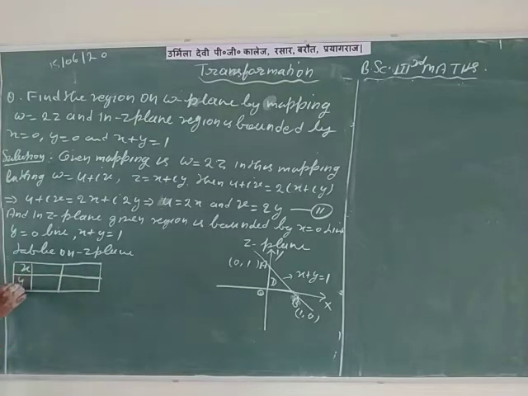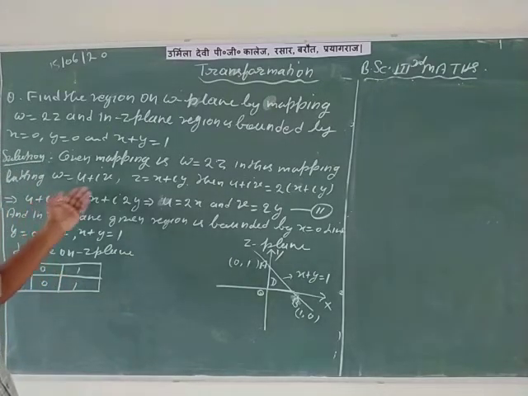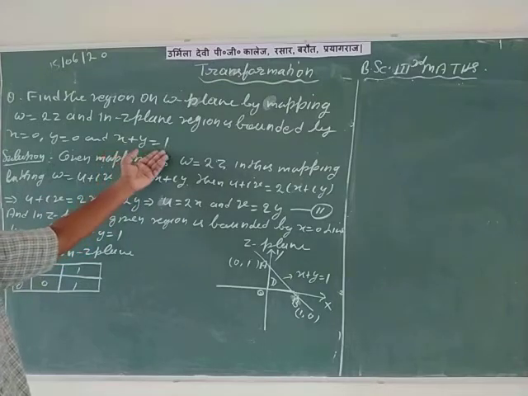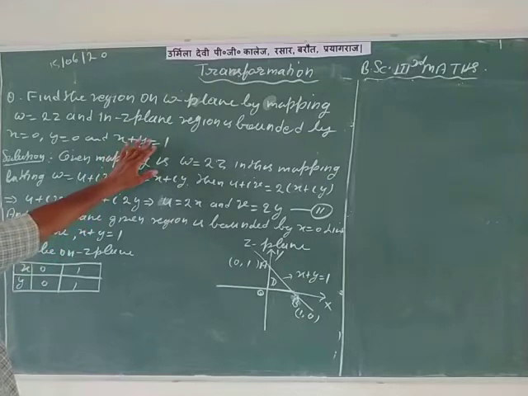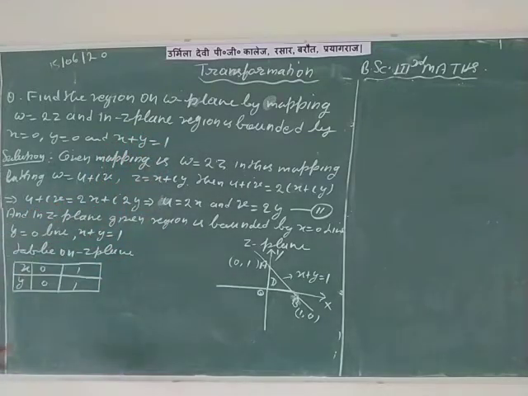Suppose x is equal to 0, then y is equal to 1, and if y is equal to 0, then x is equal to 1. The table is x is equal to 0, 0, 1 and y is equal to 0, 1, 0.